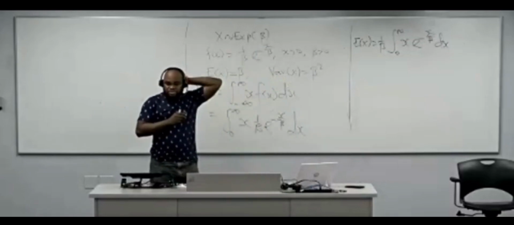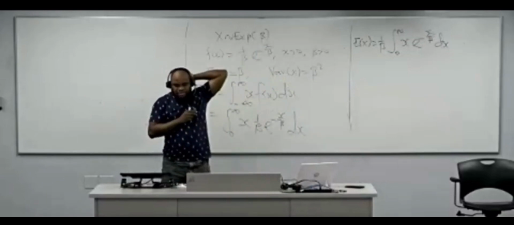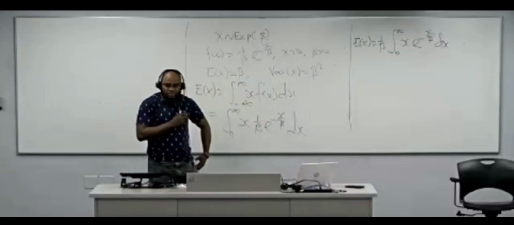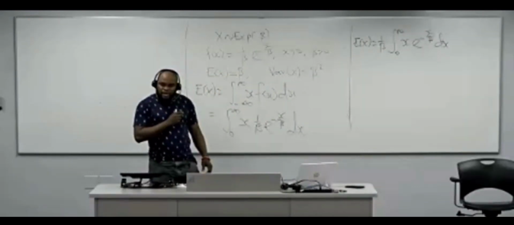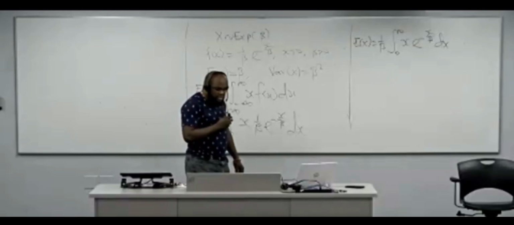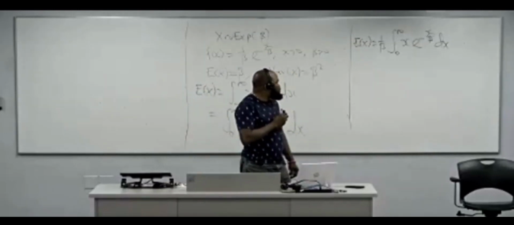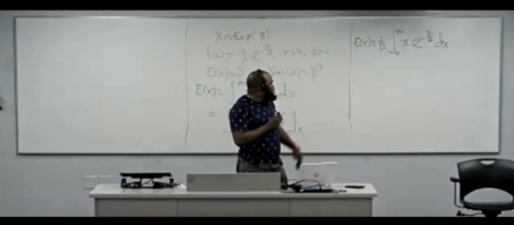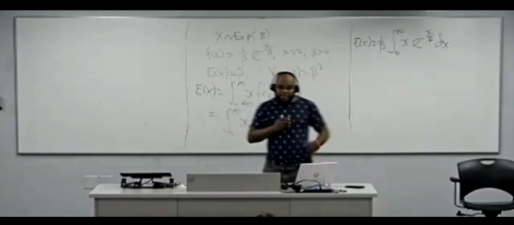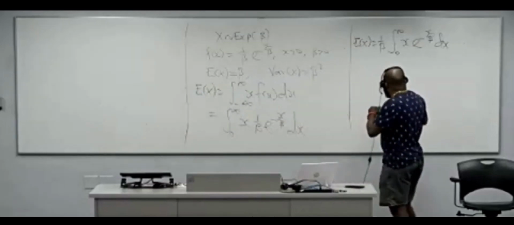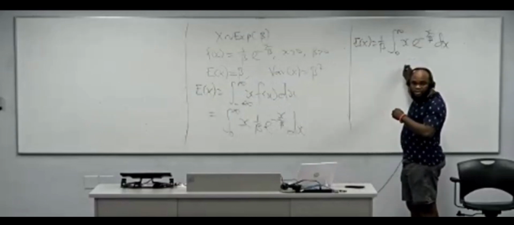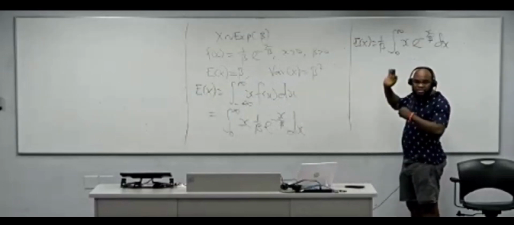I know you've come across that in high school, but you know what I'm going to be using? I'm going to use the idea of a gamma function. With the idea of a gamma function, you're basically going to be fine. I'm going to show you now how the gamma function works on this. I'm not talking about the gamma distribution now.